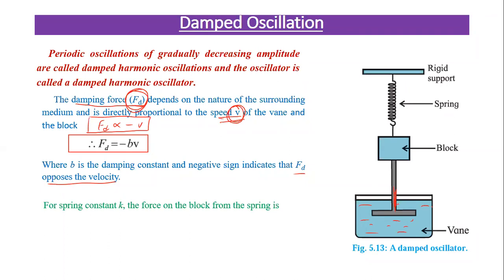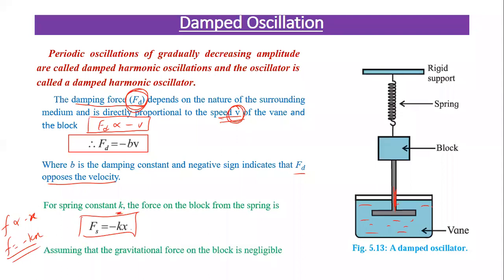If the spring constant is k, then the force on the block from the spring is, as we learned in the previous article, F proportional to minus x. Then we can put a constant: F is equal to minus k x. This restoring force is equal to minus k into x. This k is a constant and it is called the force constant.